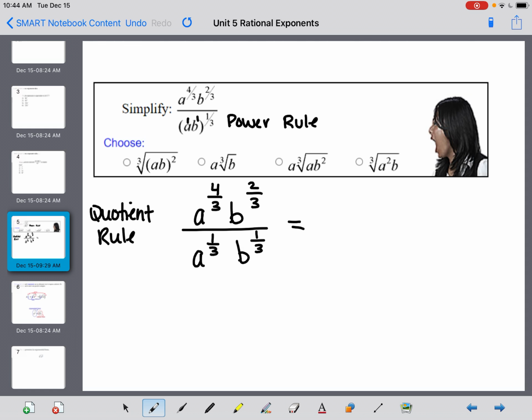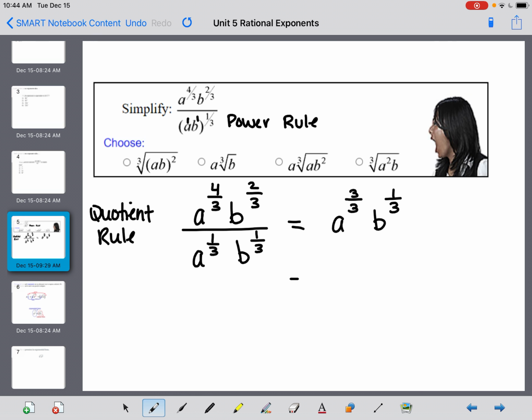So a to the 4/3 over a to the 1/3 would be a to the 4/3 minus 1/3, which would actually be 3/3. 4 minus 1 is 3, and then we have a common denominator of 3. b to the 2/3 minus 1/3, because I'm dividing b to the 2/3 by b to the 1/3. 2/3 minus 1/3 would be 1/3.